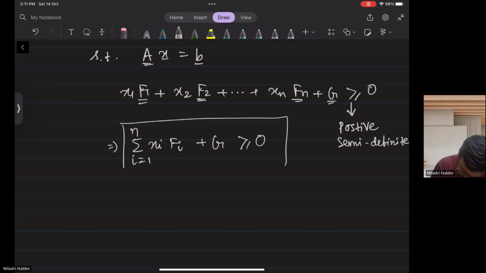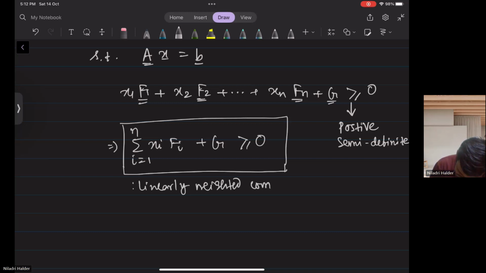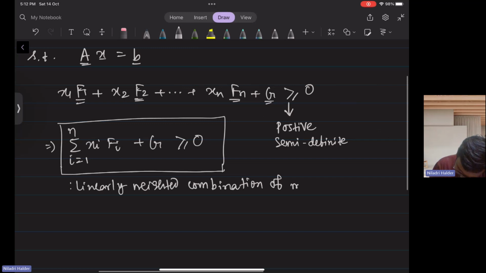So this is the constraint. Okay, so this is the linearly weighted combination of matrices.